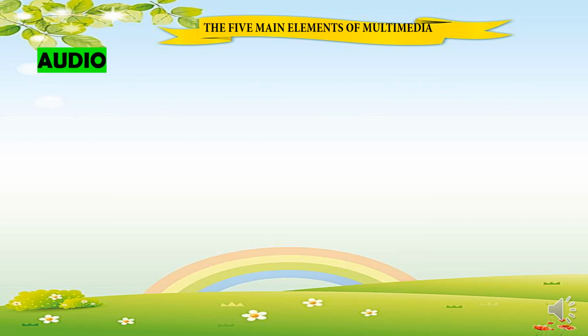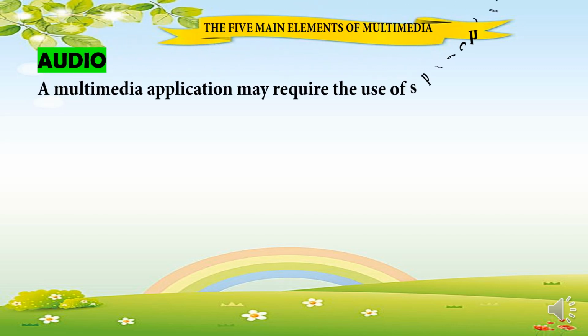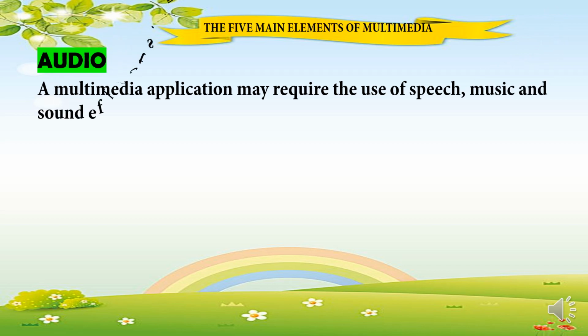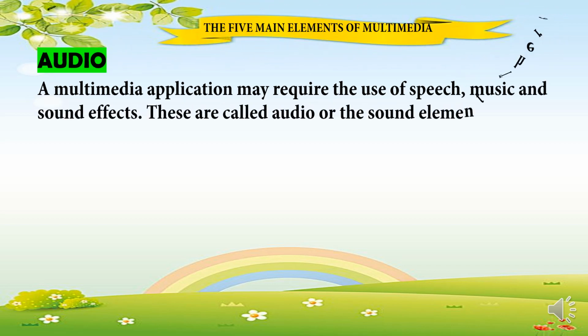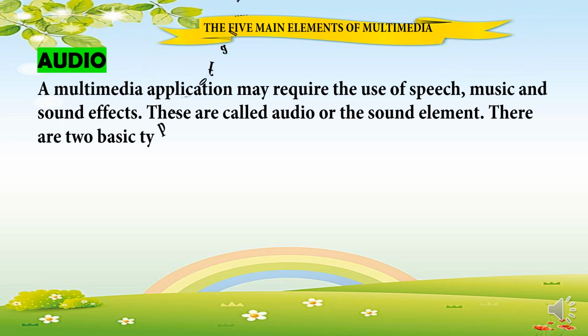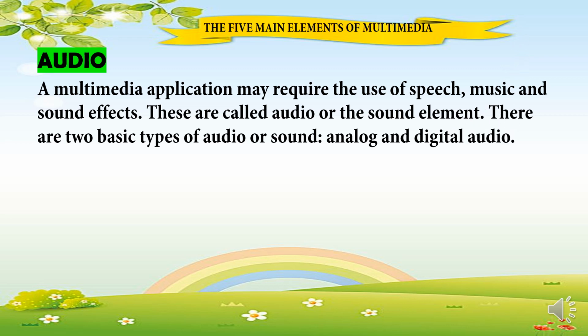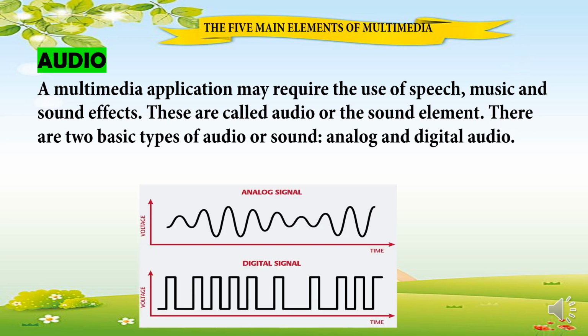The third one is the audio. A multimedia application may require the use of speech, music, and sound effects. These are called audio or the sound element. And there are two basic types of audio or sounds. We have the analog and digital audio.